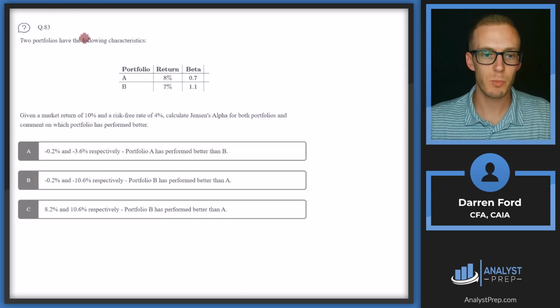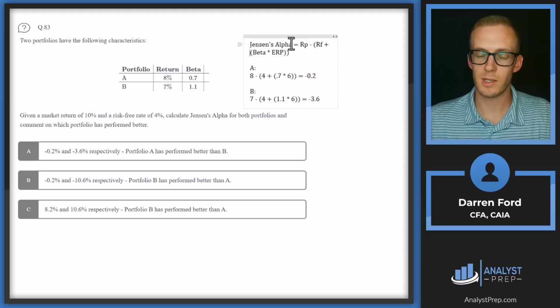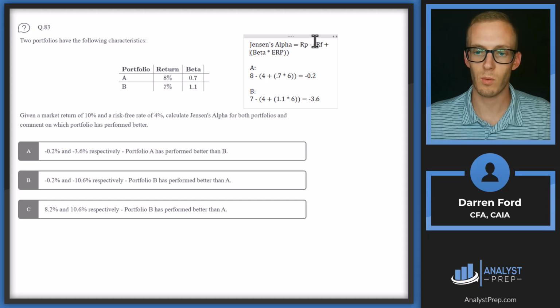Question 83. Two portfolios have the following characteristics. So we've got A and B here, with return and beta. Given a market return of 10% and risk-free rate of 4%, calculate Jensen's alpha for both portfolios and comment on which portfolio has performed better. All right, so Jensen's alpha formula is going to be the return of the portfolio, and then we're basically subtracting out what the return should have been under CAPM based on their beta and the market's return.